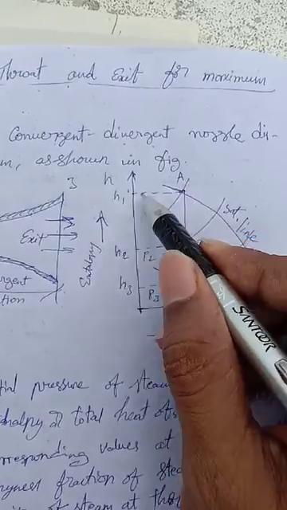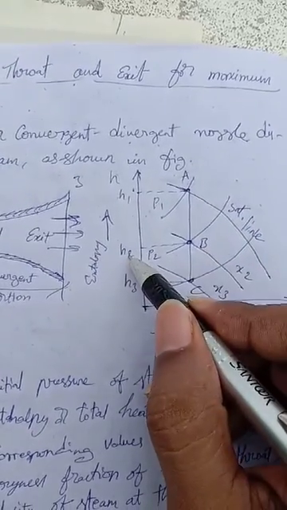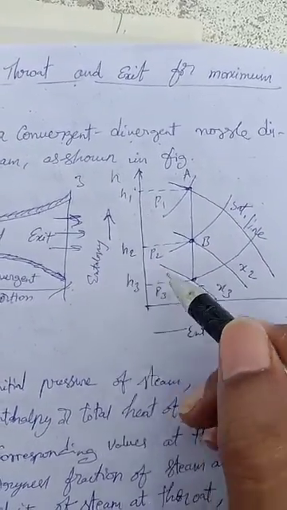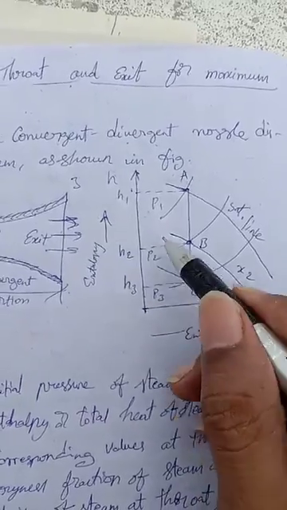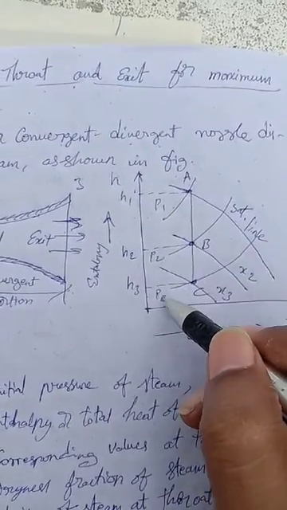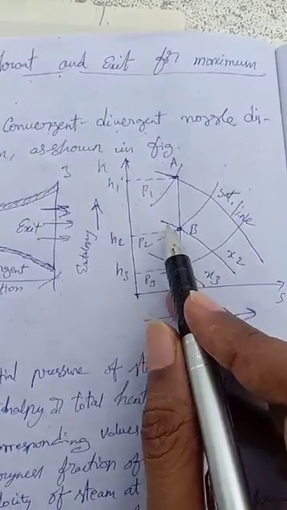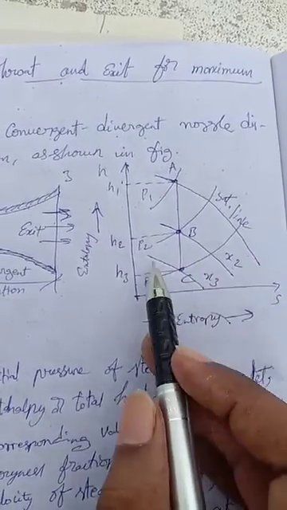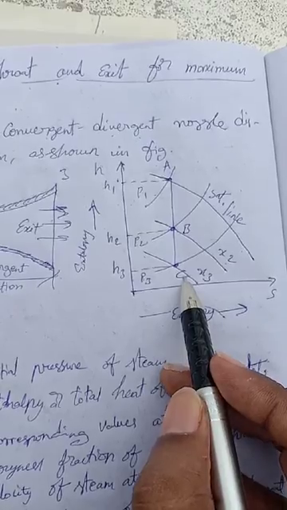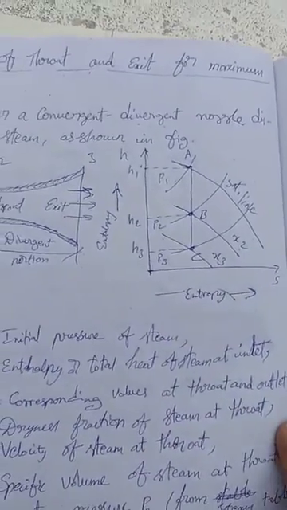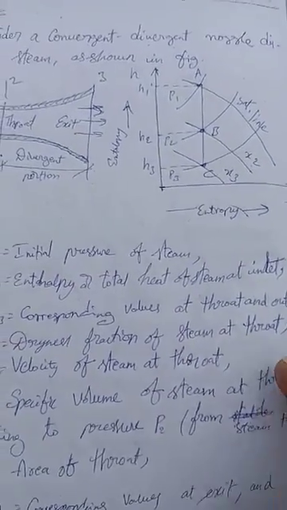This is inlet H1. Middle portion is called throat, and now H3. Pressure P1, P2, P3. And now this is called saturation line. Okay, and this is drainage fraction, and this is another drainage fraction for this. So this is the enthalpy and entropy diagram.